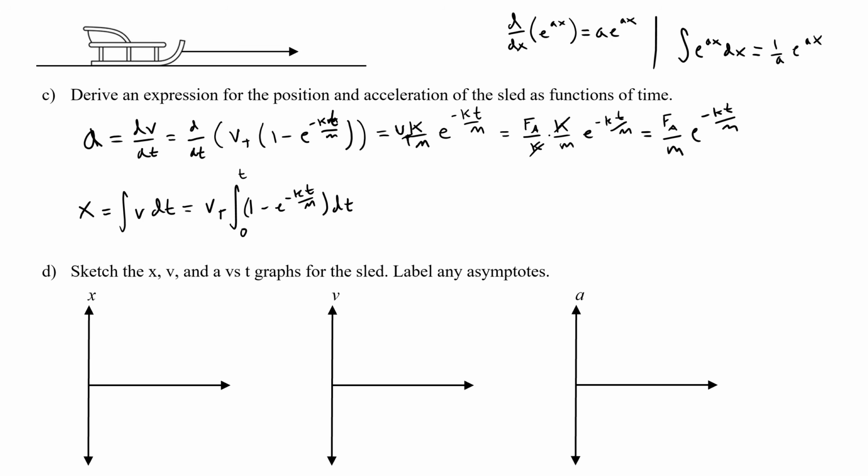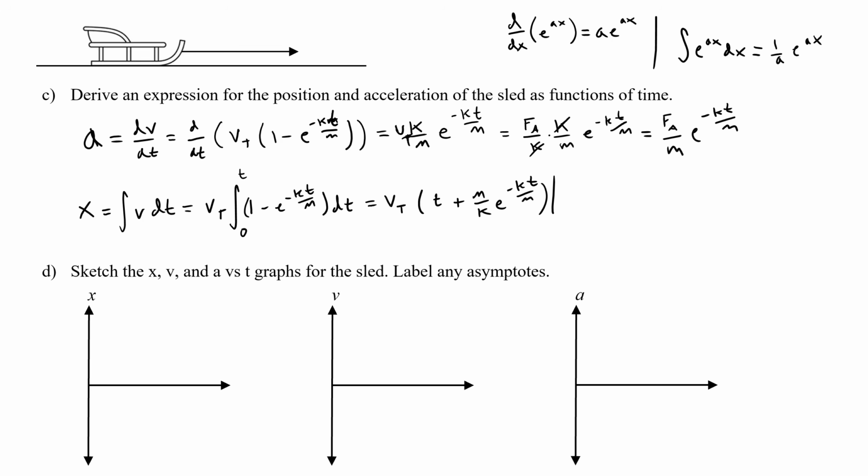When I take the antiderivative of this, I'm basically going to get my constant terminal velocity times t, so that 1 becomes t. And then when I apply this rule to my exponent, I'm going to end up getting a positive, not k over m, but m over k. So I flip that. e to the negative kt over m.